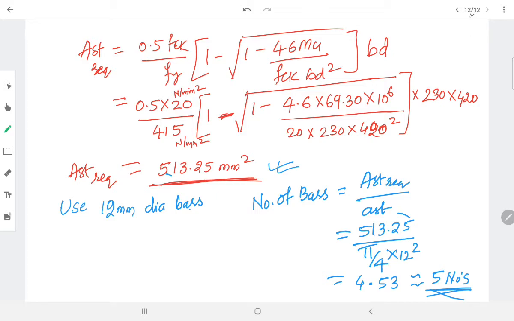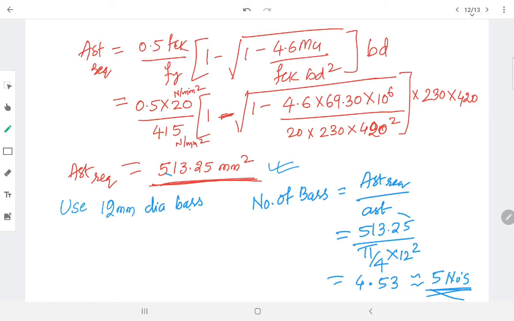So now what I will do, AST required was 513.25 mm square. So we are providing, I'll be writing the equation, provide 5 numbers of T 12 mm.